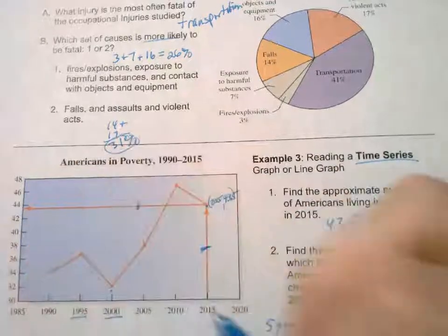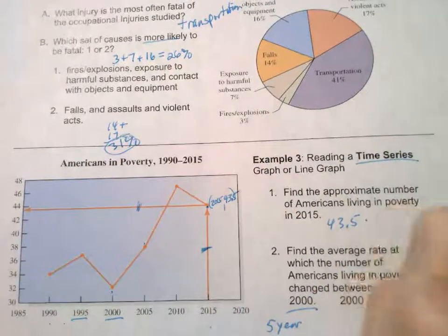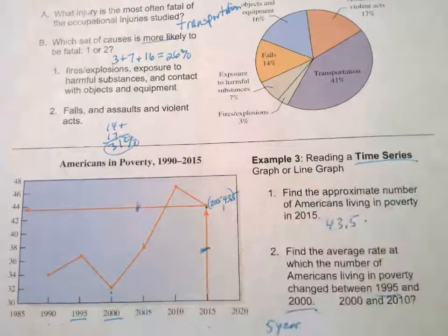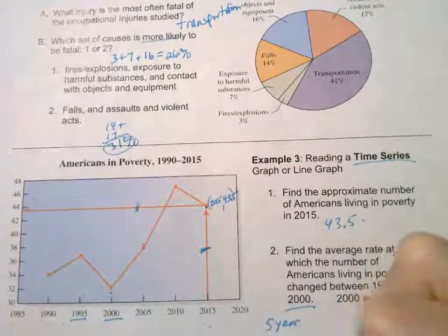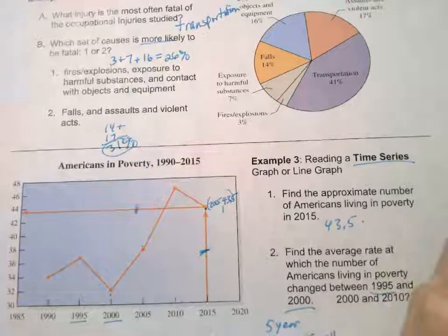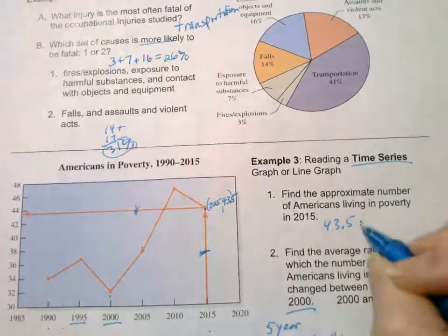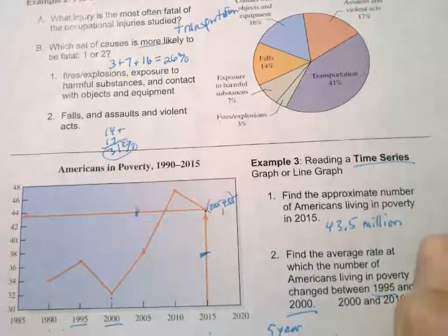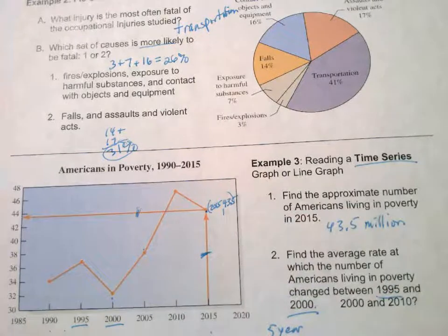That's about, I don't know, 37 if you go across for 95, and 2000, I don't know, 32. It declined about 5. Oh, I wrote million on my notes, so this must be million. And it doesn't describe what the poverty line is and what they're using. That's the limitation of this graph.